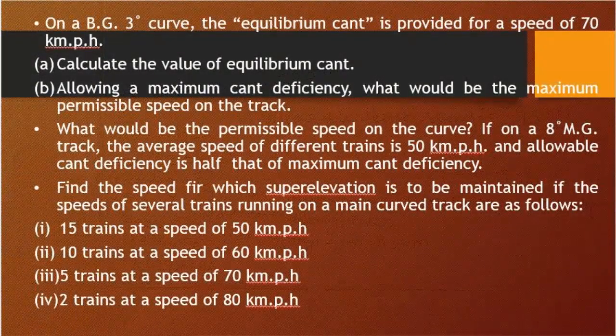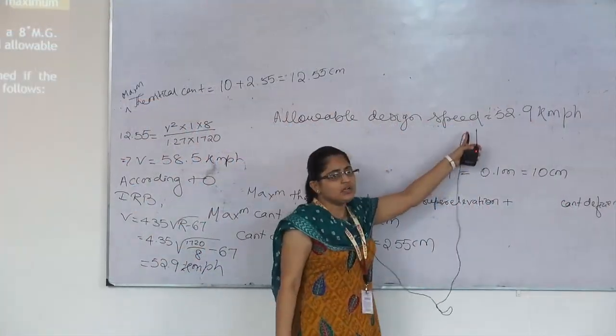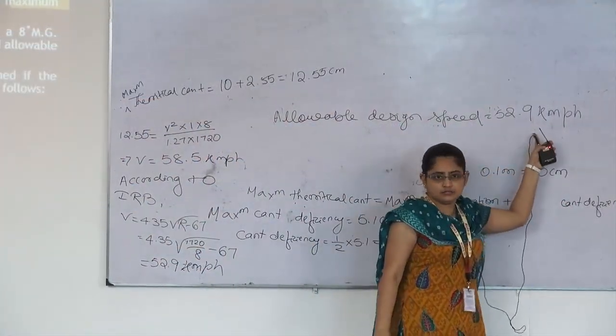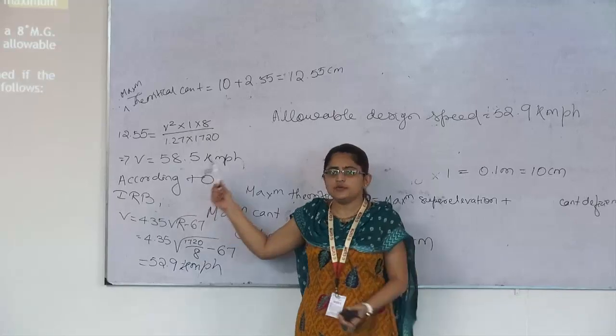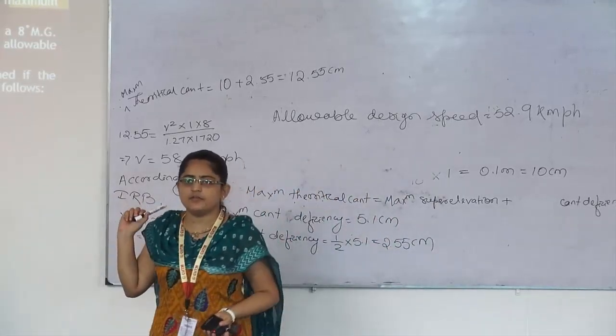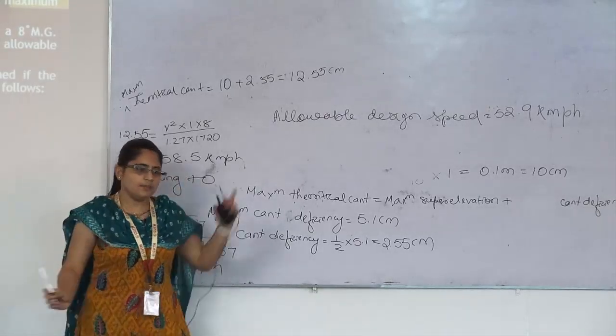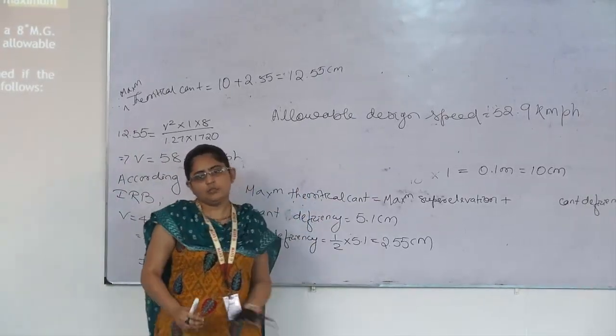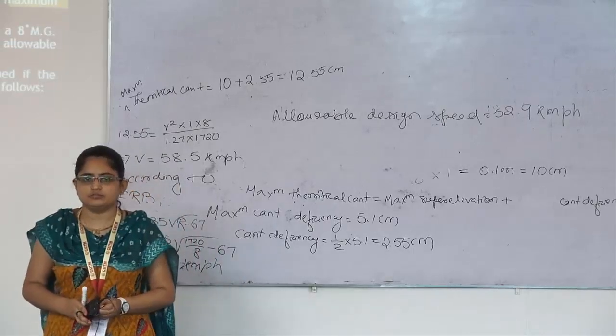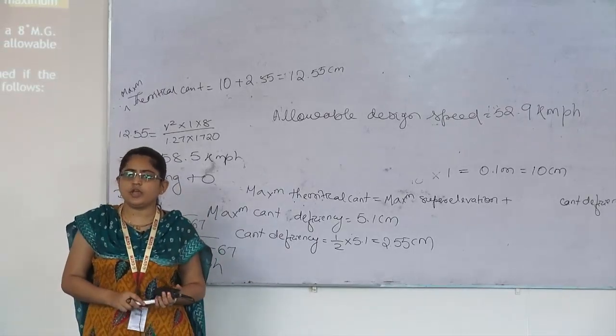It is written that your average speed is 50, but you are providing super elevation for 52.9. Okay, so it is feasible with the question. What is the average speed given in our question? This is the average one, and the maximum one you are providing is more than the average value. Okay, next one.